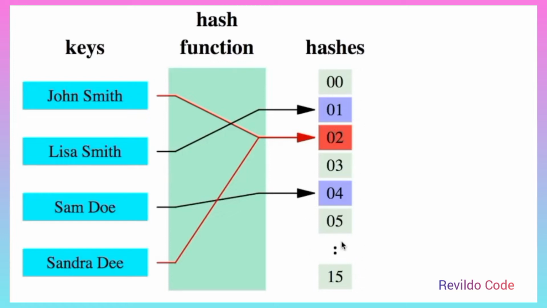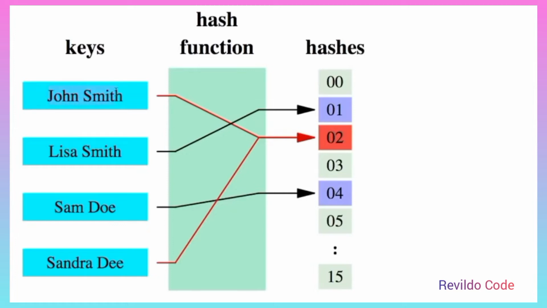A hash function needs to be consistent, so when you run a key through the hash function, it always gives the same number, and it should map different words to different numbers. If two words get hashed to the same number, this is called a collision.